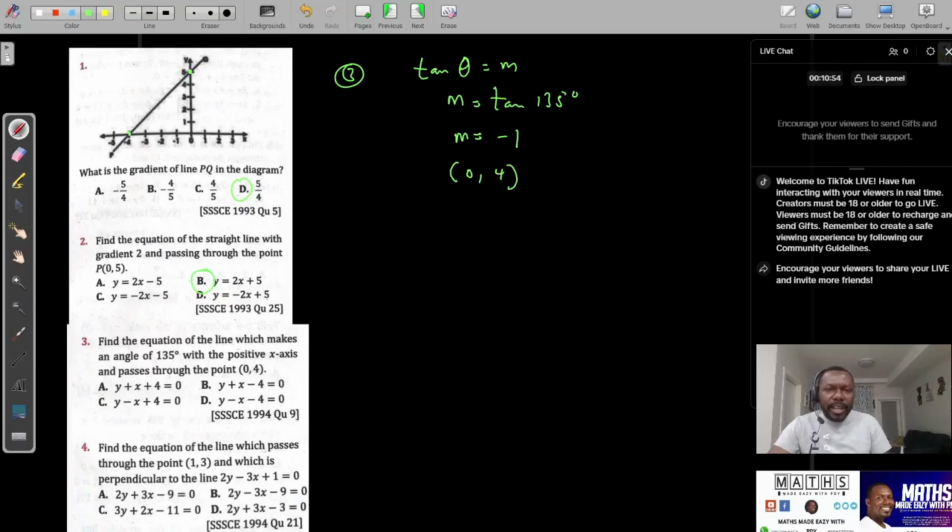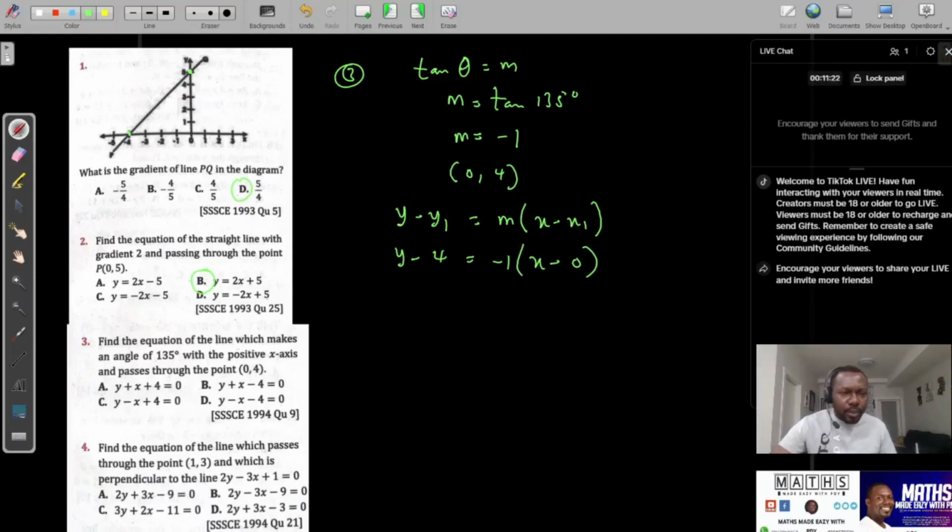With the point and the gradient known, we can still use the expression y minus y1 equal to the gradient multiplying x minus x1. And this is going to lead us to our solution. Let us do our substitution. y minus y1 is going to be y minus 4 equal to the gradient -1 multiplying x minus x1, which is 0. So expanding and simplifying, let's see how the solution was left.